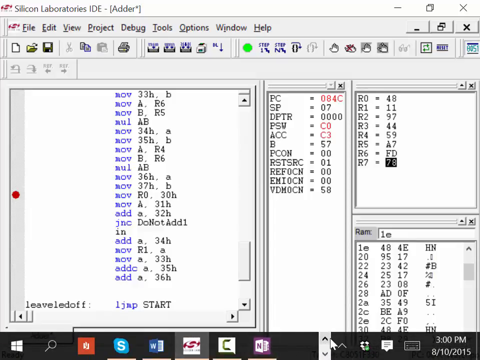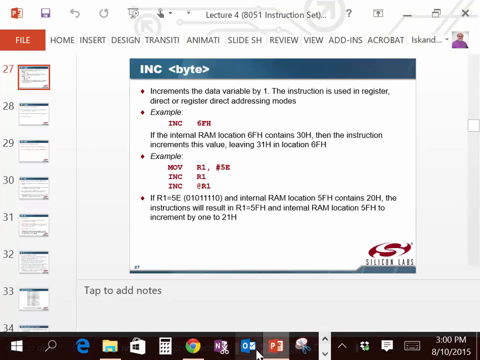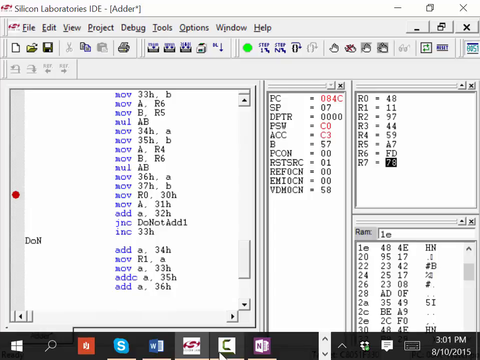Make sure I get the command right. INC, INC 33 hex right there. Don't add 1.